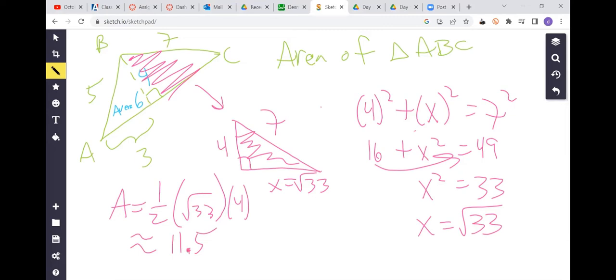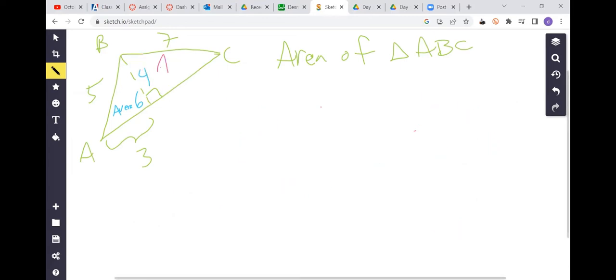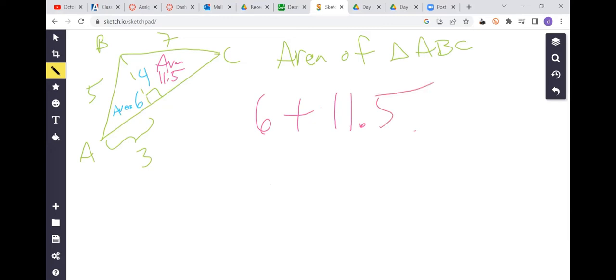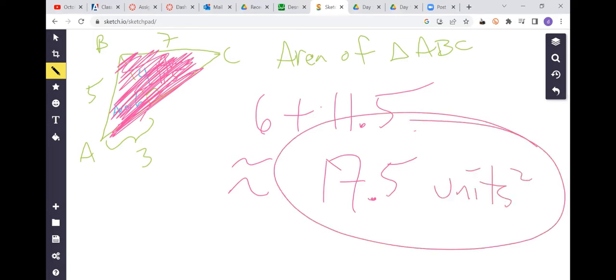So guys, I think we're ready to finish this. We have 11.5 for the other half of the main triangle. Let me erase all of this here. 11.5 is what we keep. So this area, 11.5. Final answer would be 6 plus 11.5, because that gives you everything, right? That gives us everything. And that's about 17.5 square units.